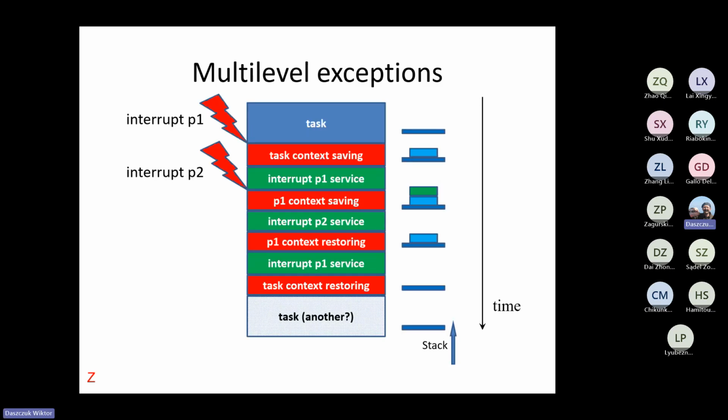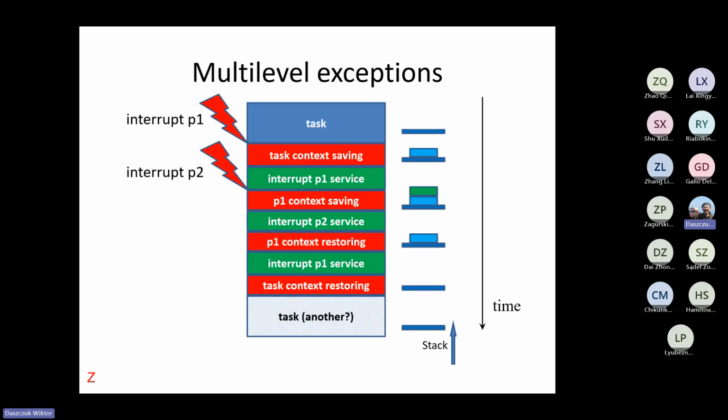Here we have some history. Here we have the time axis. What happens when two interrupts come one after another and the second is of higher priority? We run the task, and this is the top of the stack of this task.